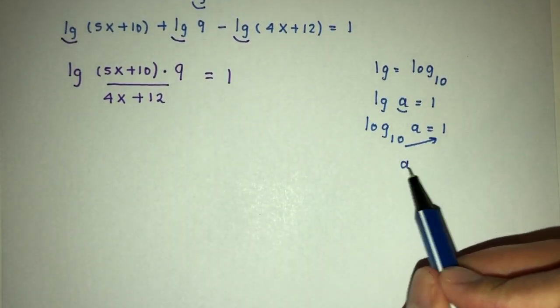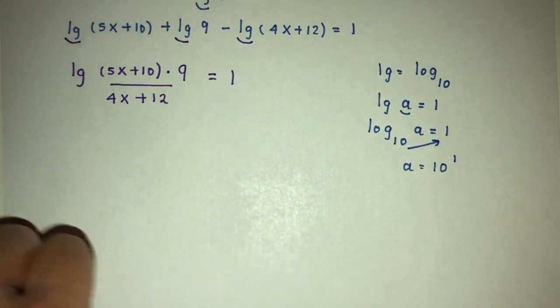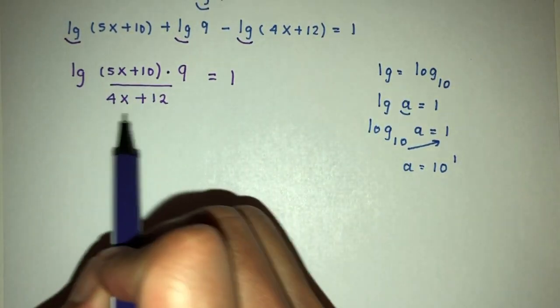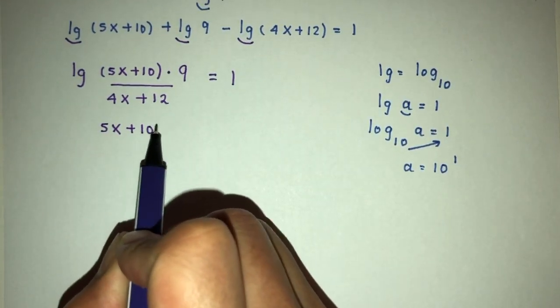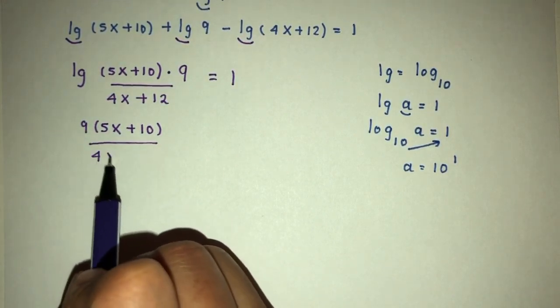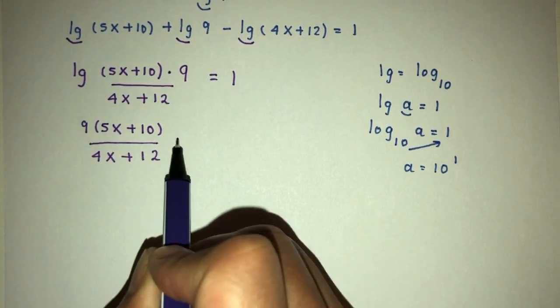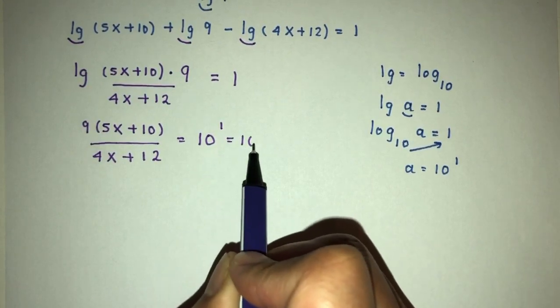So a will be 10 power 1. That's the idea to solve this one. Basically the value inside is a, so let's write this down: 5x plus 10 times 9 over 4x plus 12 has to be 10 power 1, which is 10.